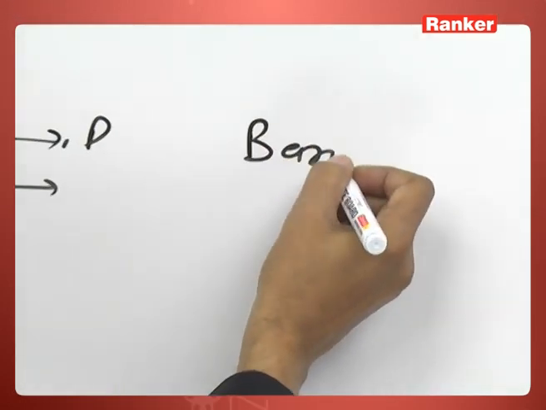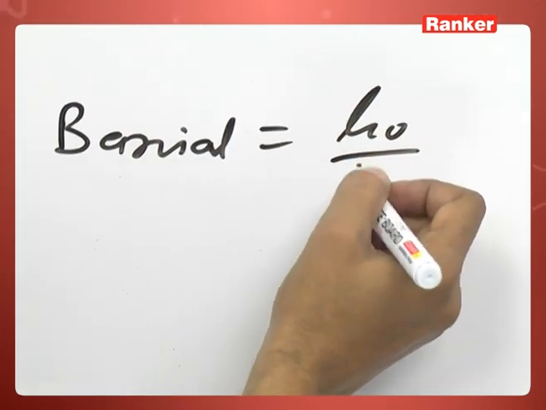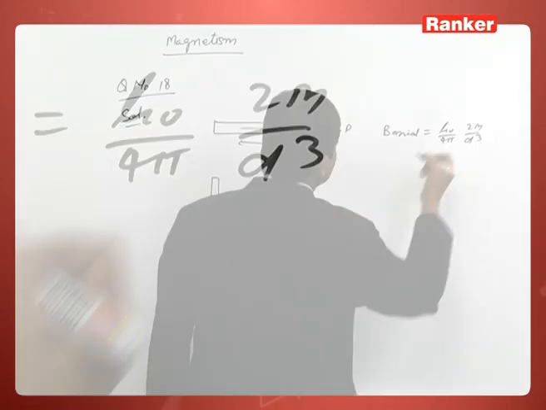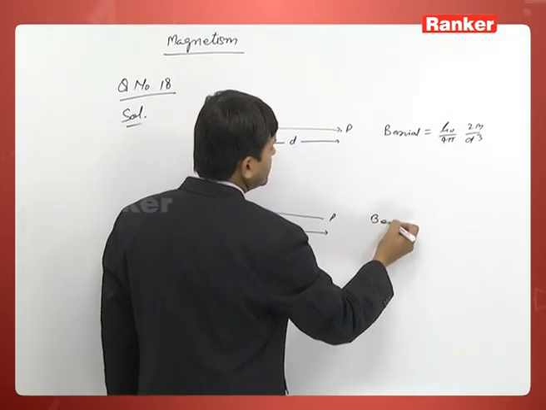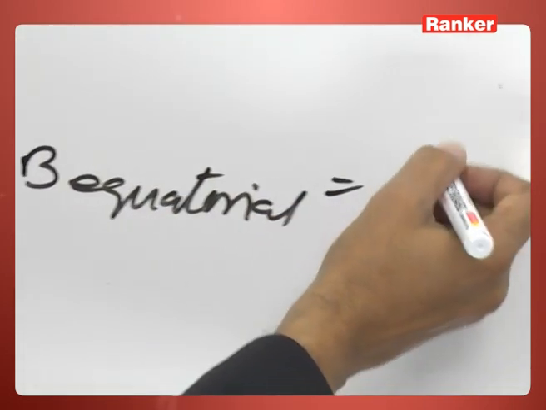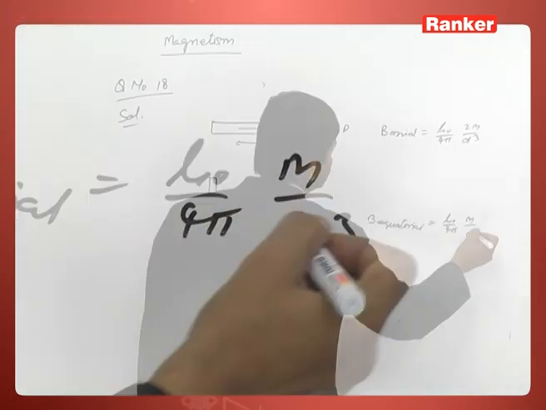So B on axial is given as mu naught by 4 pi 2m by D cube, and B on equatorial is given as mu naught by 4 pi m by D cube.